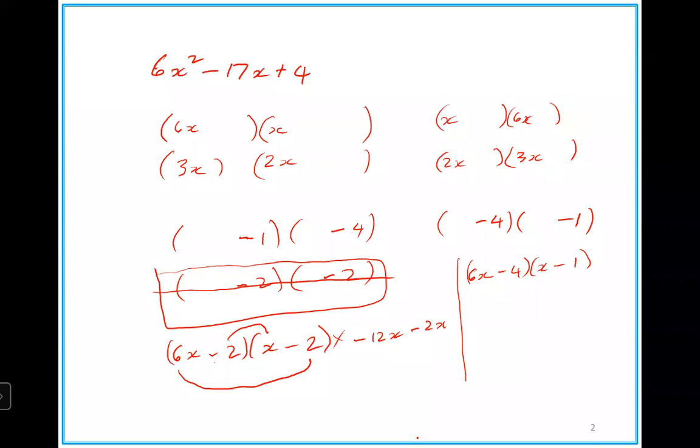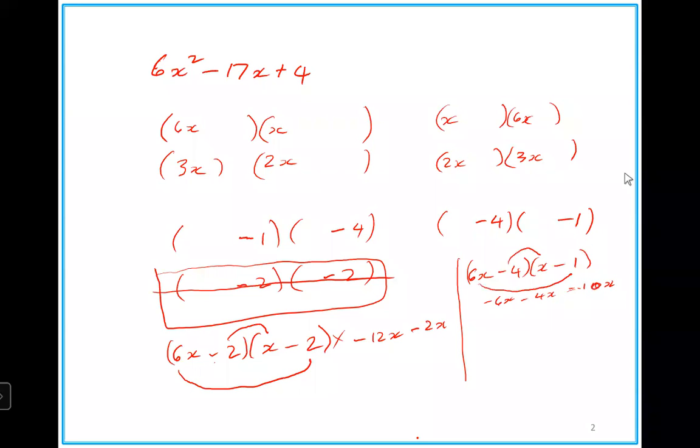So we try 6 times, that gives you minus 6x, and 4 times that gives you minus 4x. That gives you minus 10x. So that's not going to work either.